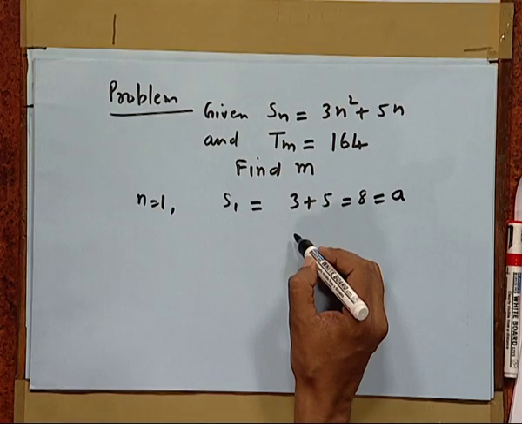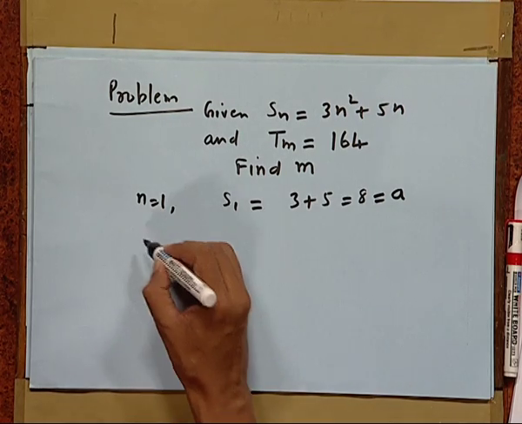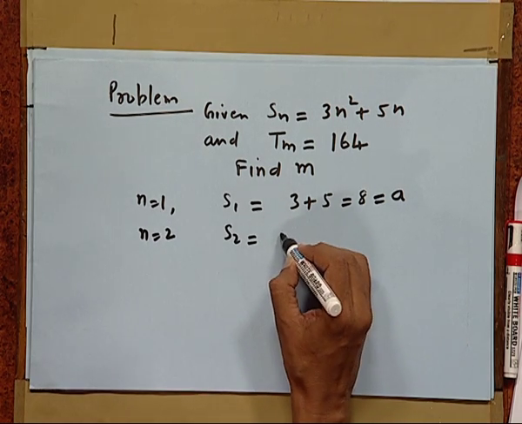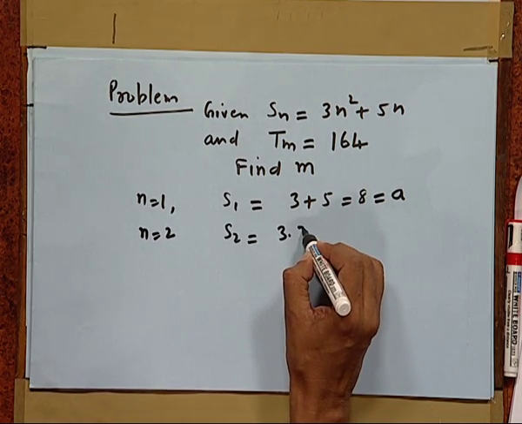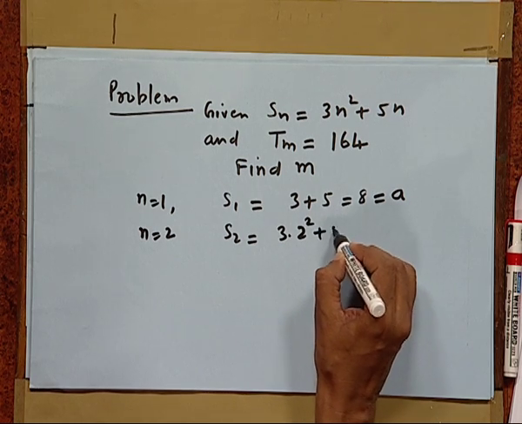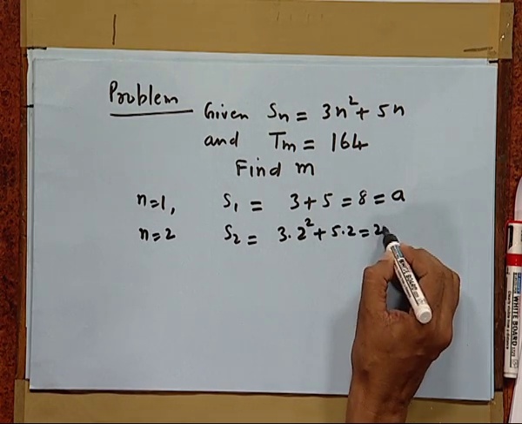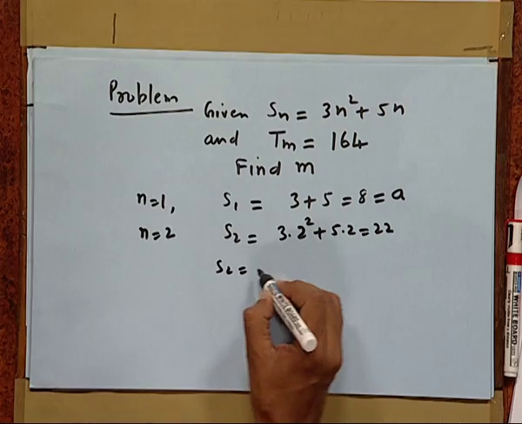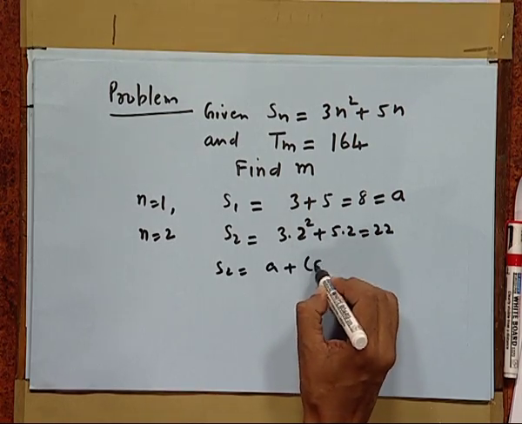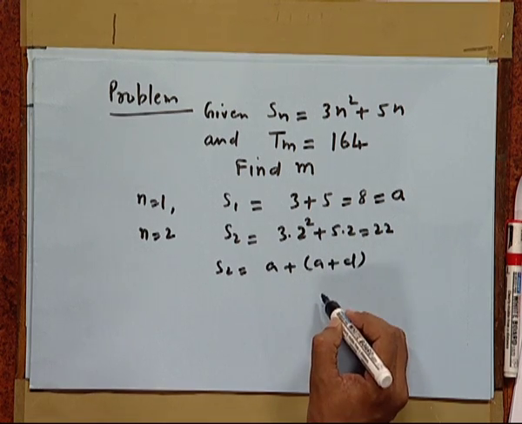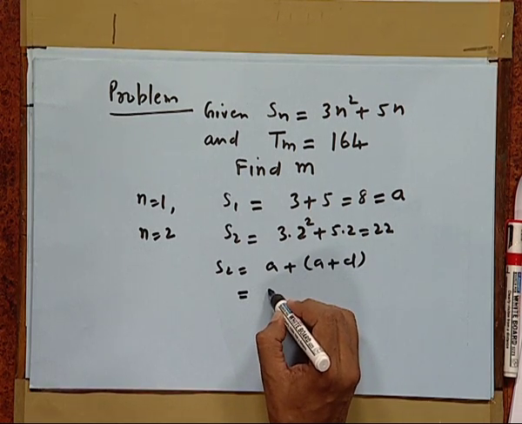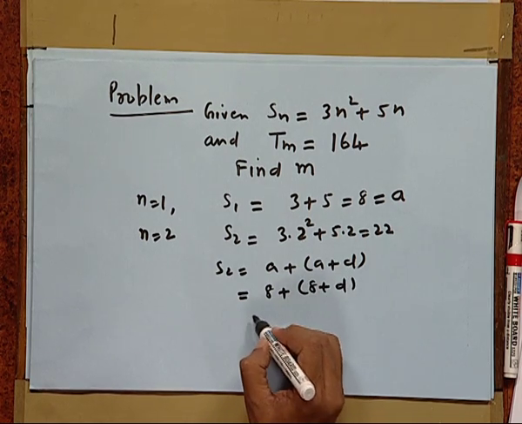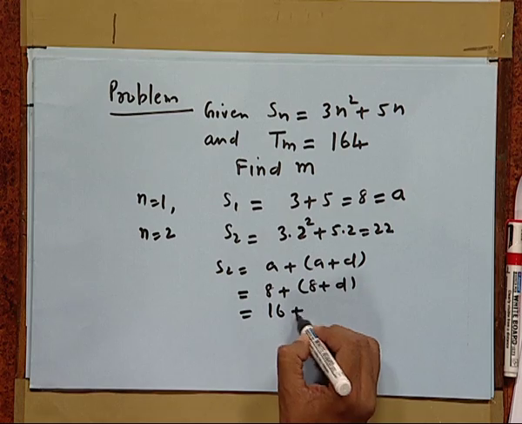So we got the value of a as 8. We put n is 2, we get S2 is equal to 3 times 2 square plus 5 times 2, that is 22. But S2 is actually first term plus second term, that is 8 plus 8 plus d, that is 16 plus d.